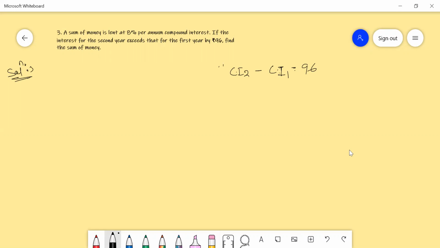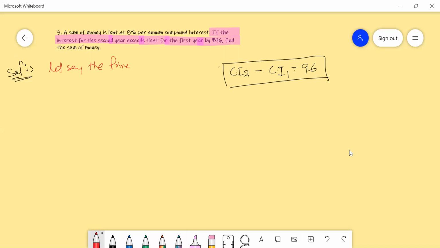So you have to calculate the principal. Firstly, let's say the principal be X and R is 8%.